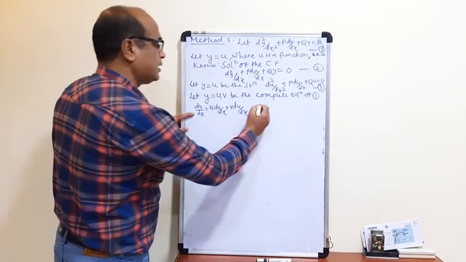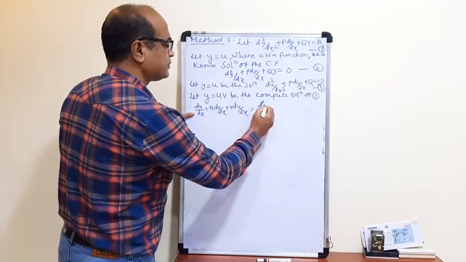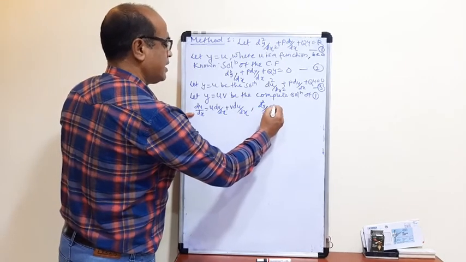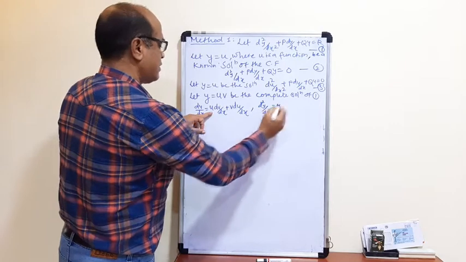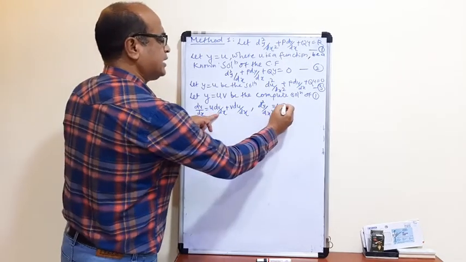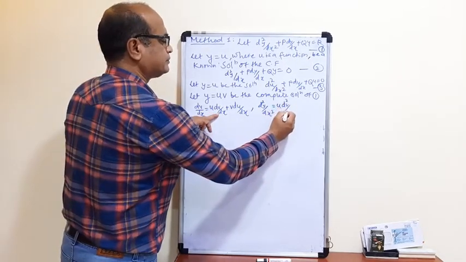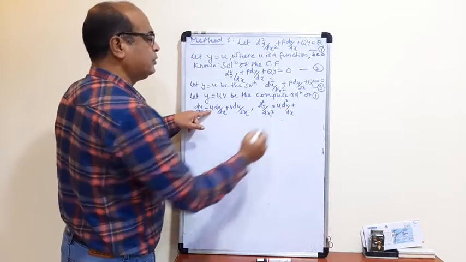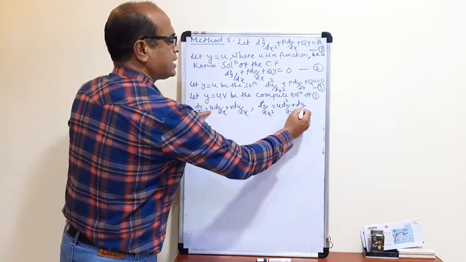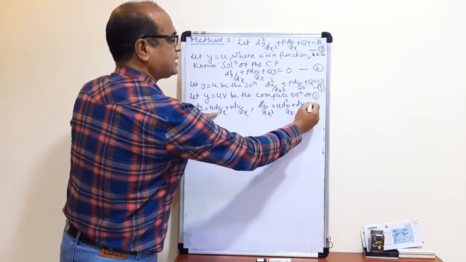So what happens here? d2y by dx square is equal to derivative of u as it is, times the derivative of dv by dx, which is d2v by dx square, plus derivative of u, du by dx, times dv by dx as it is.